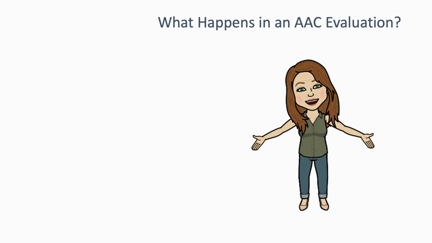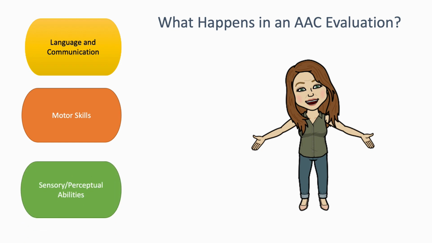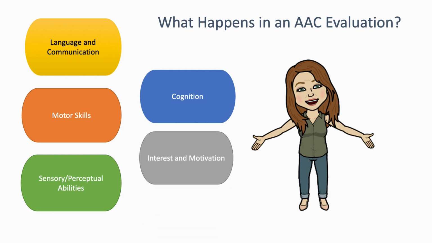The first step in the assessment process is gathering relevant information regarding various skill areas related to the use of speech-generating devices, such as language and communication abilities, motor skills, sensory and perceptual abilities, cognitive abilities, and the individual's motivation and interests.